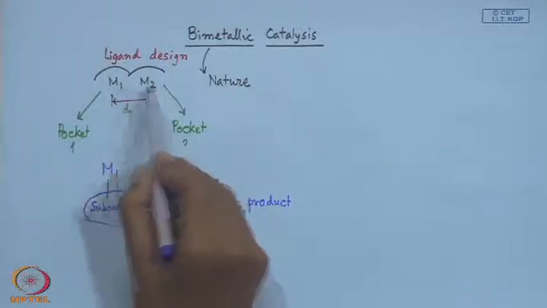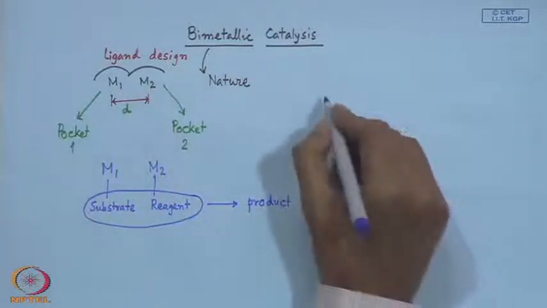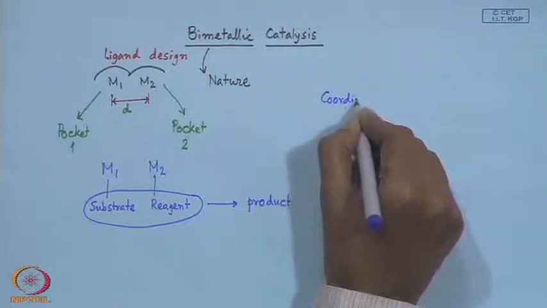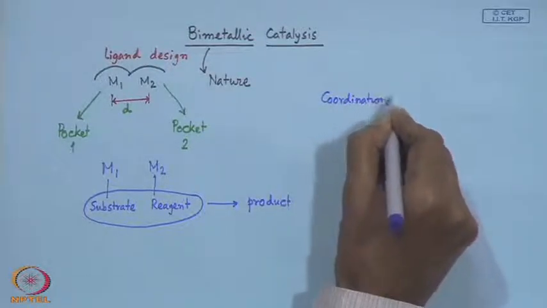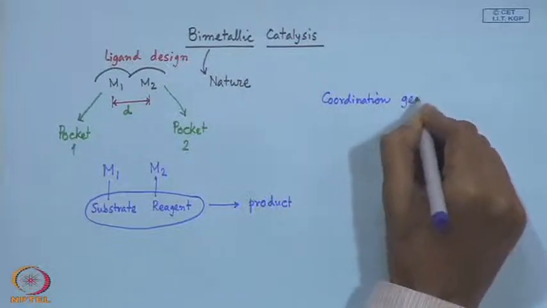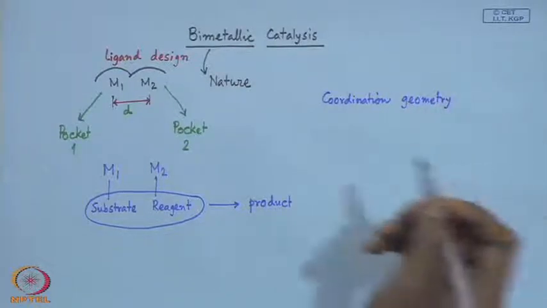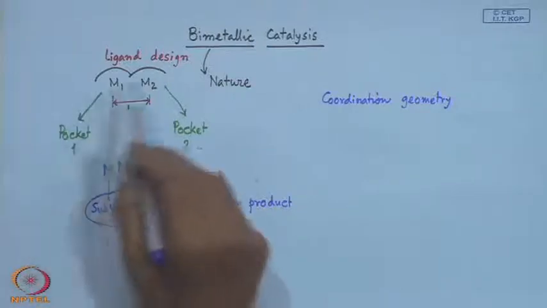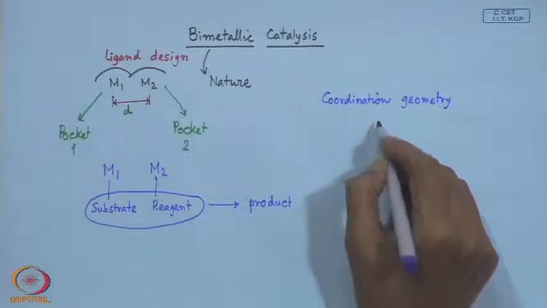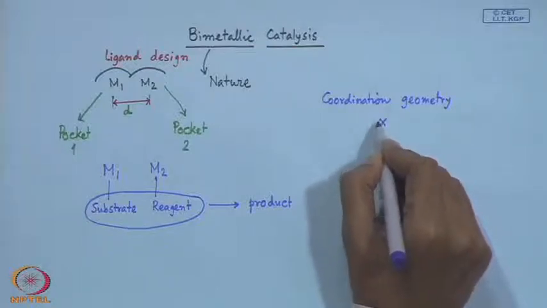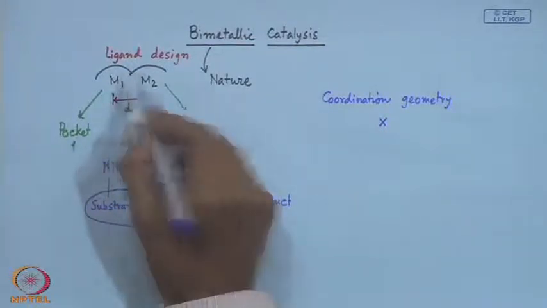So, these two metal centers, that means their coordination geometry, will play an important role in what type of ligand you should take and what the connectivities are. So, if we can have one single connectivity, that means we put X over here.